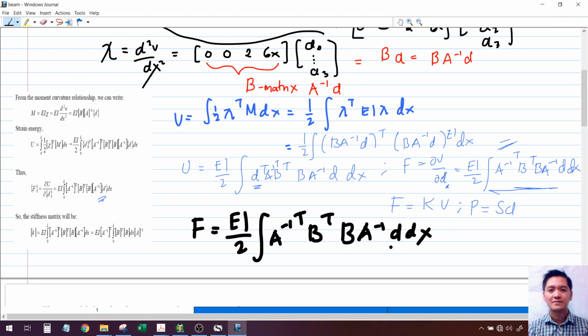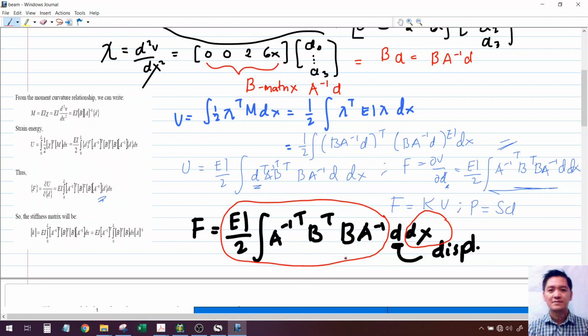We know that this matrix is actually the displacement, diba? This is the displacement. In short, what remains, this whole one, together with this one, kasi nga integral yan, this is your K. Okay?